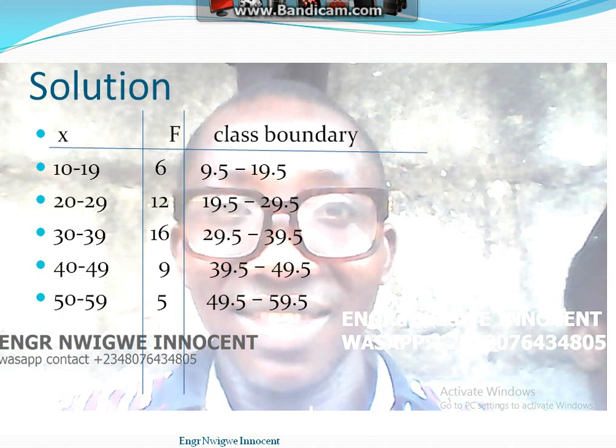The next age interval is 60 to 69. The frequency is 2. For the class boundary, we subtract half from 60 to give us 59.5. We now add half to 69 to give us 69.5. So the total number of frequency we got to be 50.